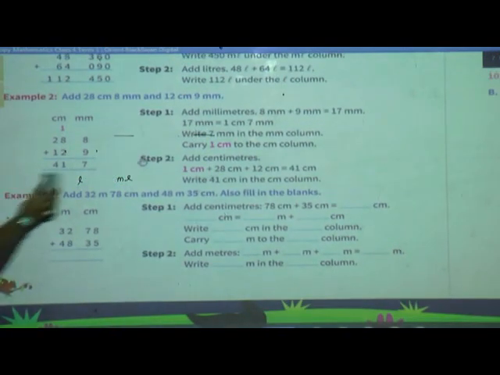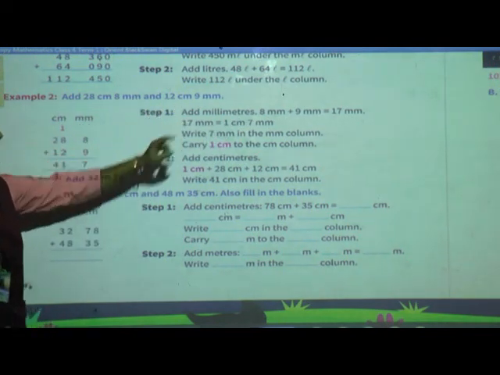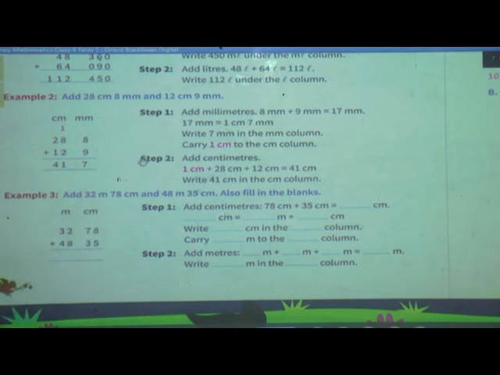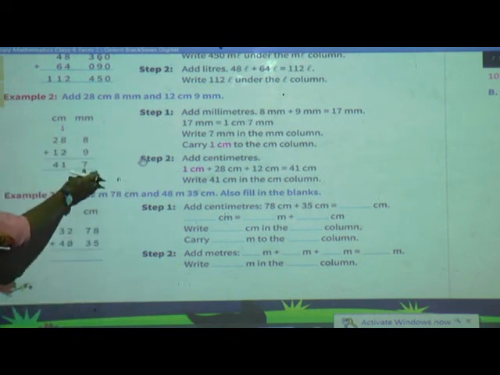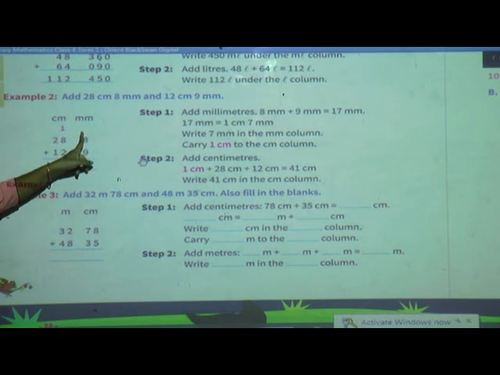What is the second example? Add 28 centimeter 8 mm and 12 centimeter 9 mm. First millimeters, what they had given? We have to add first millimeter, then centimeter. So draw nice columns for the centimeter and millimeters.